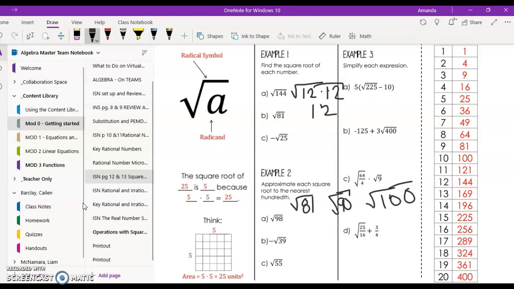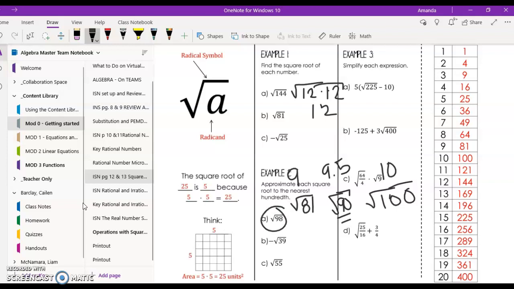So if the square root of 81 is 9 and the square root of 100 is 10, then the square root of 90 is going to be pretty close to 9.5. So when you start listing those numbers in between, you can kind of guesstimate about where the square root of 98 is going to lie.